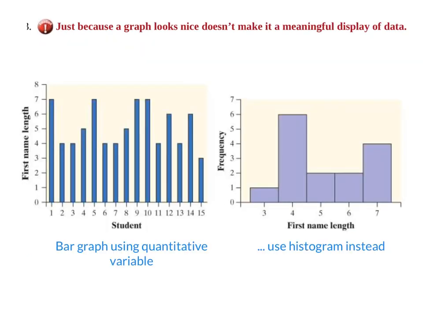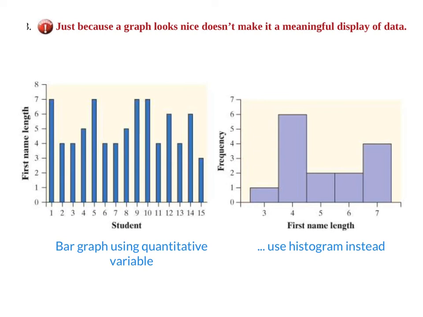And last little bit of advice that applies to histograms and any other graph or display of data you might see, and that is just because a graph looks nice doesn't make it a meaningful display of data. So these two graphs represent essentially the same data.